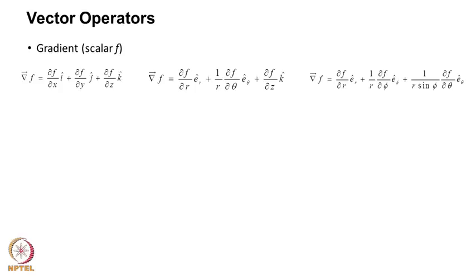You can also get a gradient expression in other coordinate systems, r and theta, which is defined here as dou f by dou r, and the unit vector in the r coordinate as er, and similarly for the second and third terms. In the same way, you can also define the gradient operator in the spherical coordinate system, which is given in the last expression.